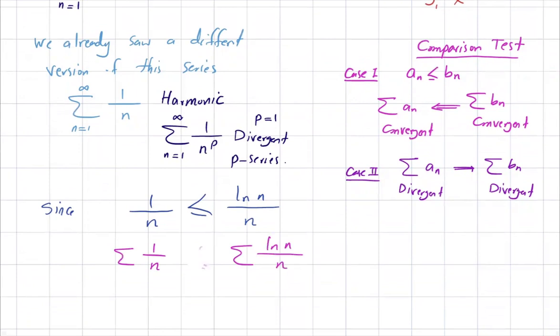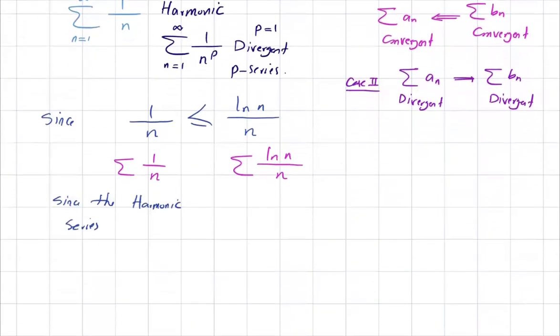So you can basically compare these two series. Since the harmonic series on the left is divergent, we conclude that the series, the summation of ln of n divided by n, is also a divergent series.